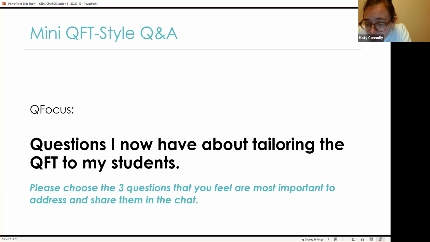Let's see. How can I manage QFT with 3rd graders? I can answer that really quick. We were actually going to share some resources with tips for adapting the QFT for different audiences, and for early learners. There's a blog about using it in elementary school that I can share.